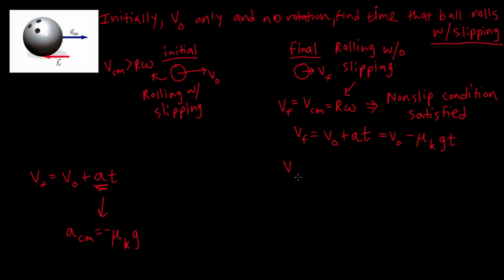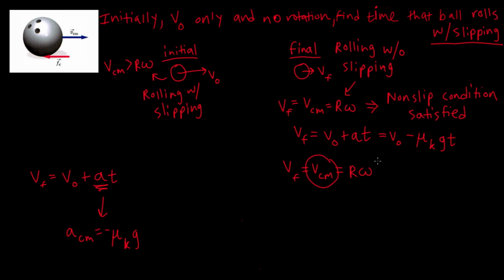And so I can just say that the final velocity is equal to the velocity of the center of mass, and that's equal to r times the angular speed. And so I'm just rewriting the non-slip condition. And so the velocity of the center of mass is equal to the final velocity, since the object in the final state is beginning to roll without slipping. And all of this just equals the non-slip condition.